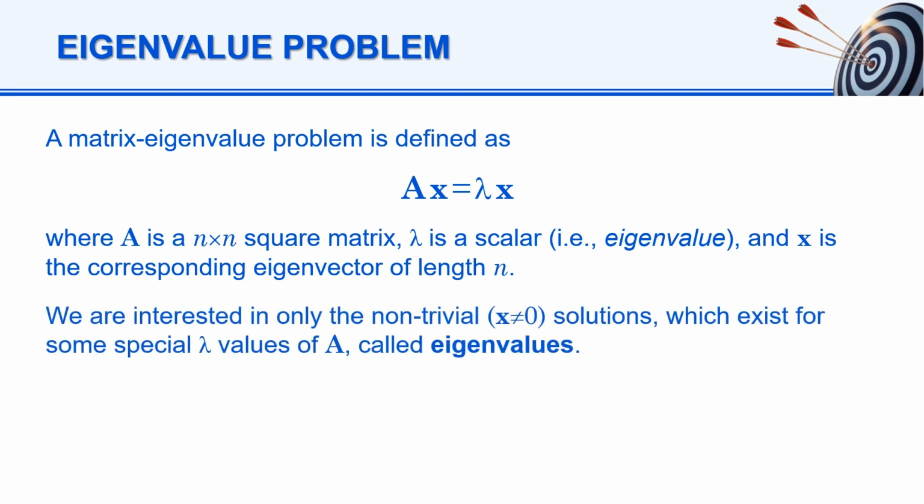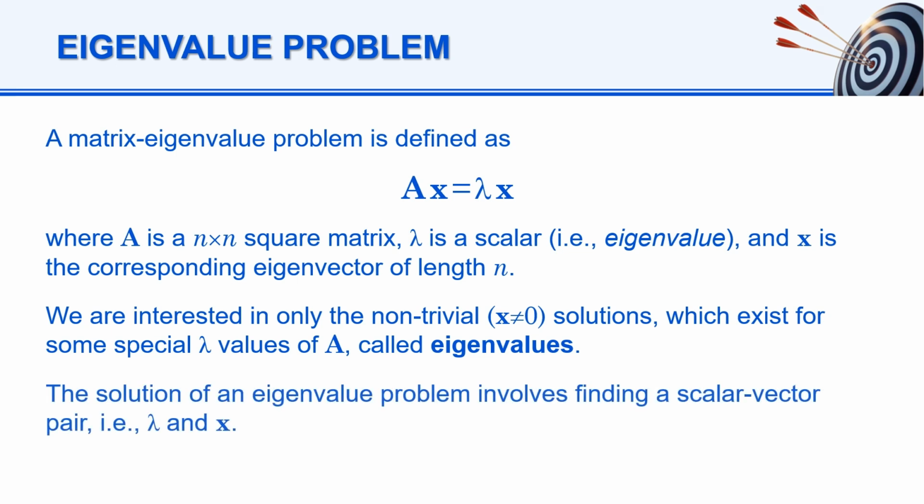We are interested in only the non-trivial, i.e., non-zero vector, solutions, which exist for some special λ values of A, called eigenvalues. The solution of an eigenvalue problem involves finding a scalar-vector pair, i.e., λ and vector x.